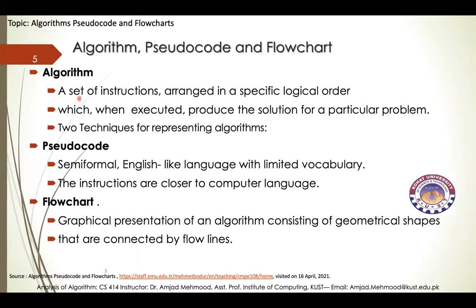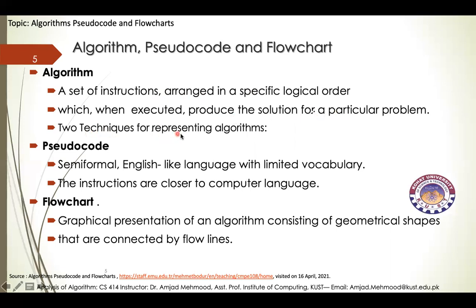Algorithm is a set of instructions arranged in a specific order. For example, if you want to add two numbers, you have to give the first number and then the second number, and then you must have a formula to add these two numbers, and then you will print that number. So this is logical order, which when executed produces the solution for a particular problem.